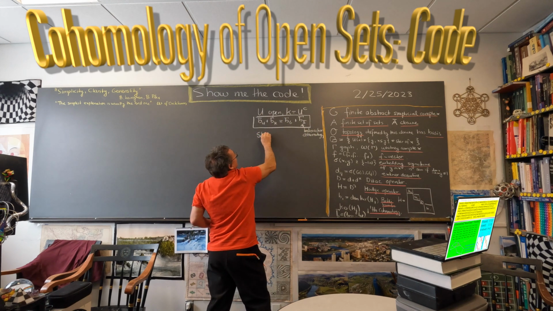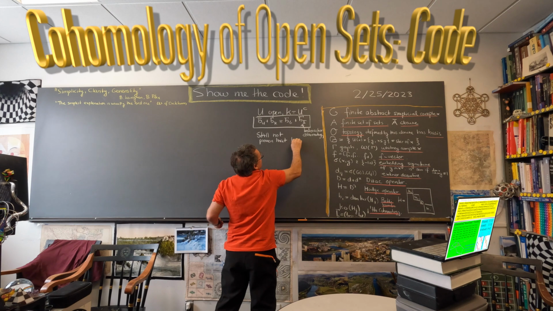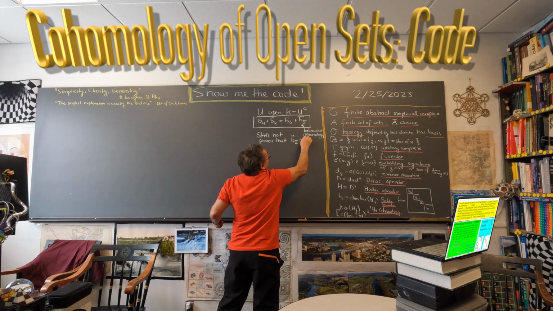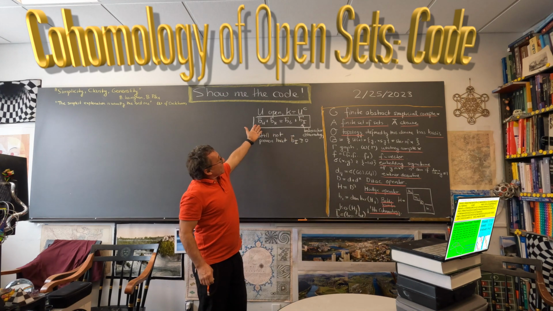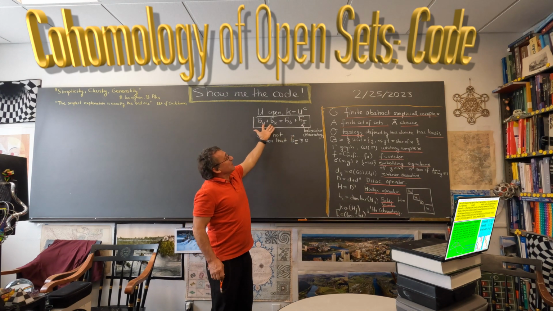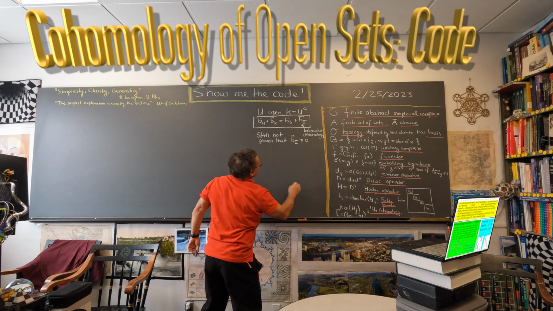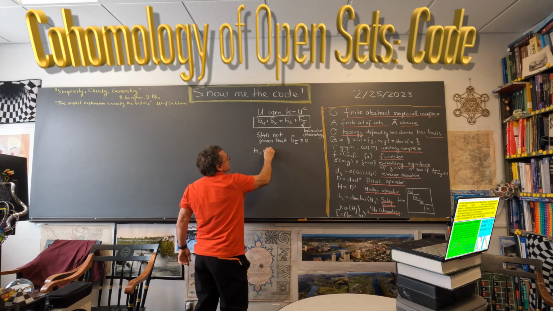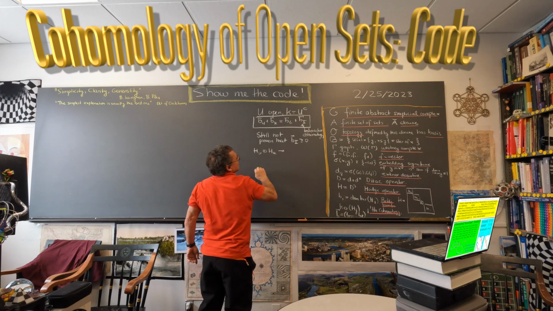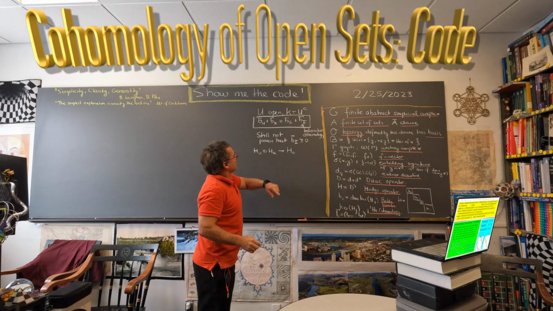Still not proven. So we need that there's a map which gives us here from the cohomology groups H of U plus H of K, that goes to H of G, and that should be surjective.